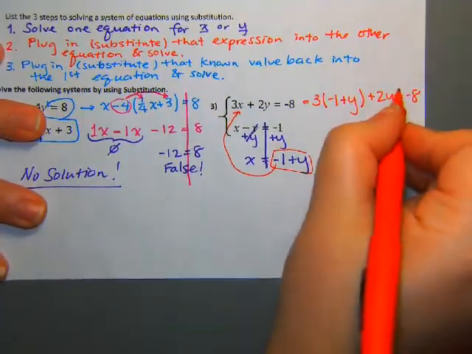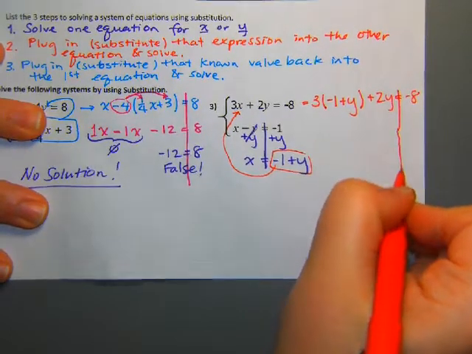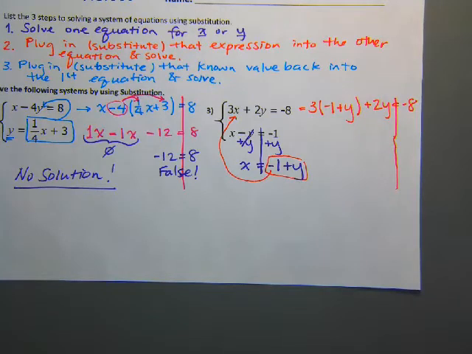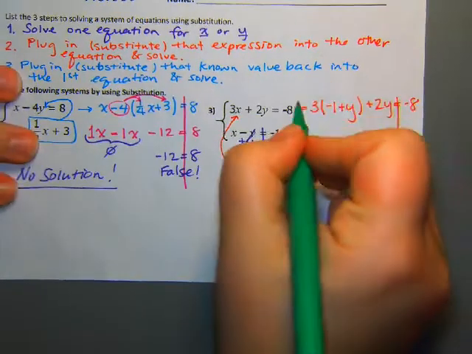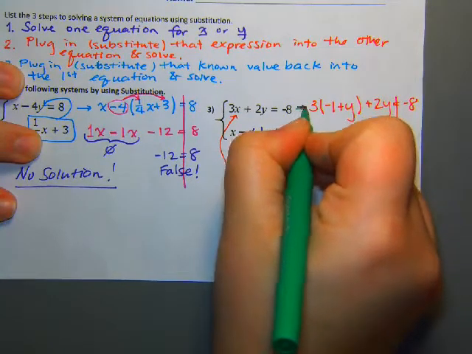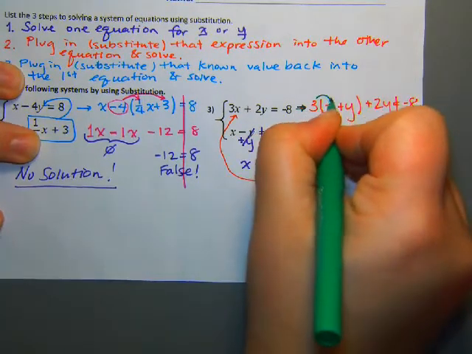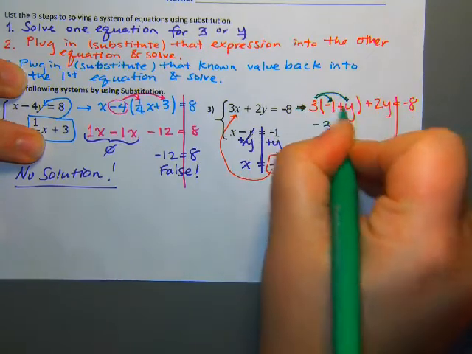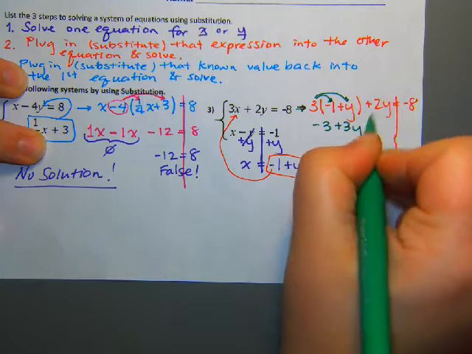Okay, so again, we are still following the Don't Call Me After Midnight rules. So first thing I'm going to do is distribute that 3. Sorry, I shouldn't have put an equal sign there. So 3 times -1 is -3. 3 times y is positive 3y. And then continue.